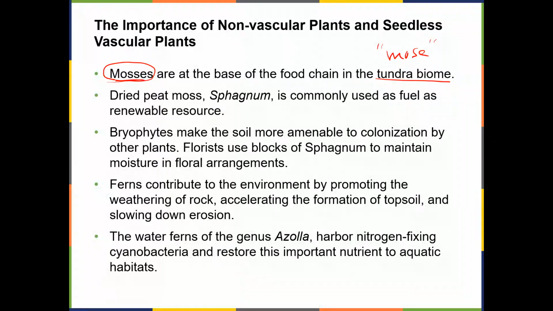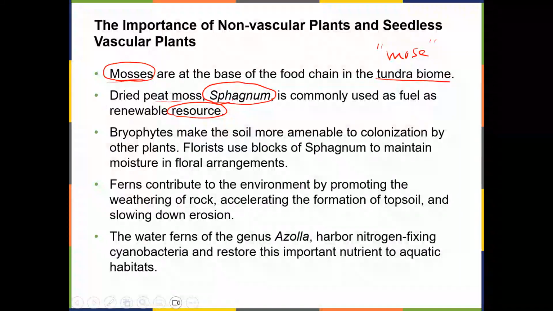And also some dried peat moss called sphagnum, which is a bryophyte, is commonly used as a fuel, as a renewable resource.